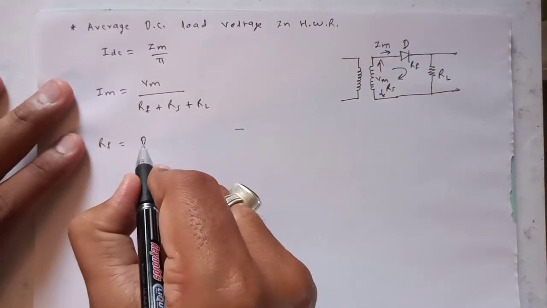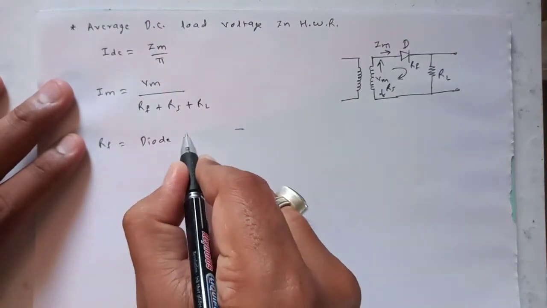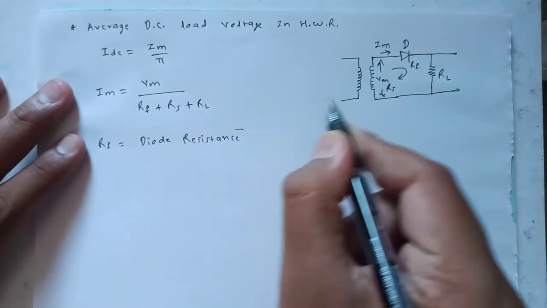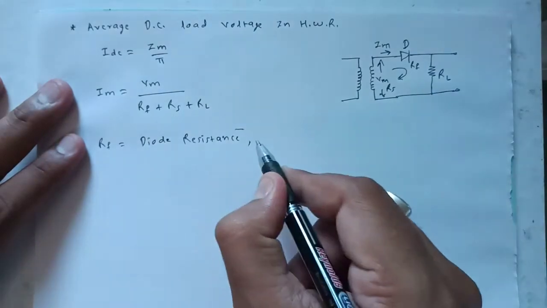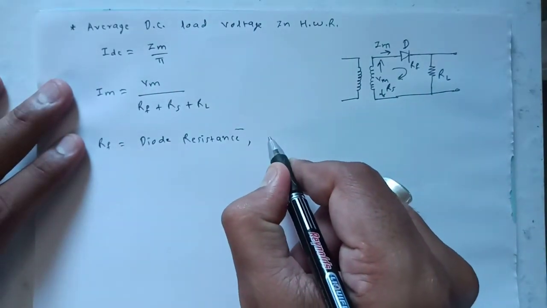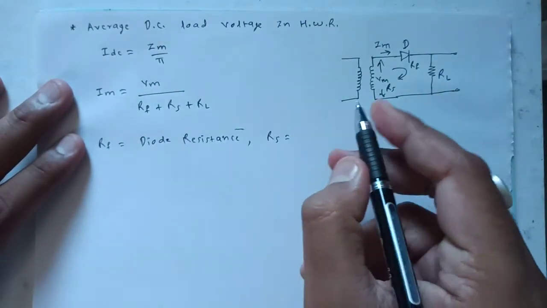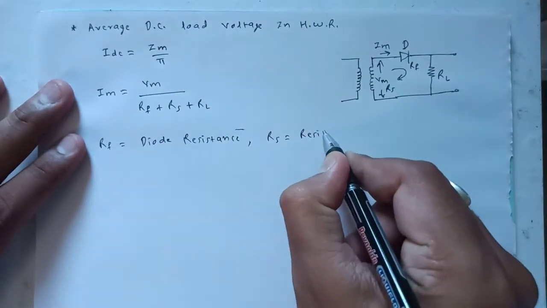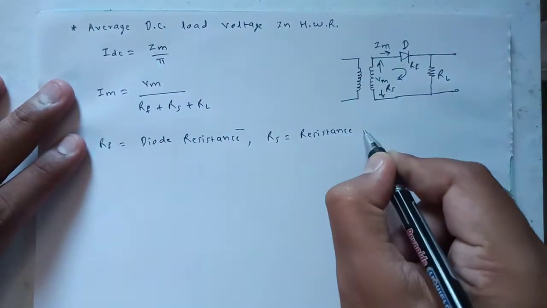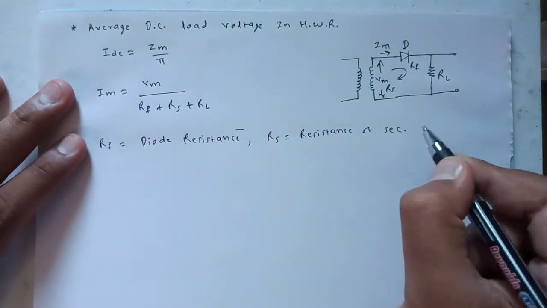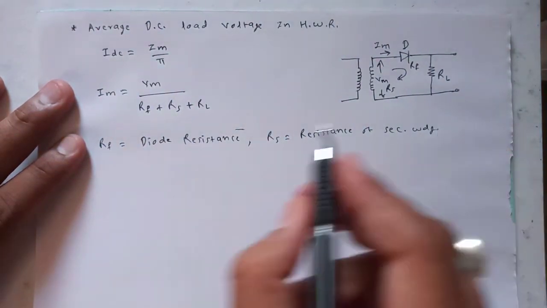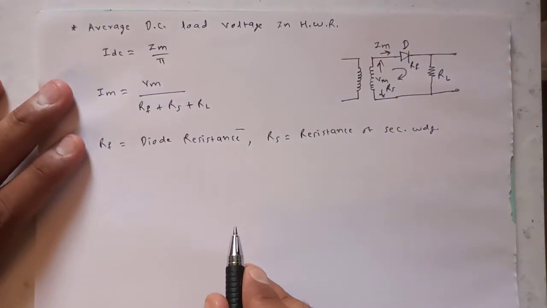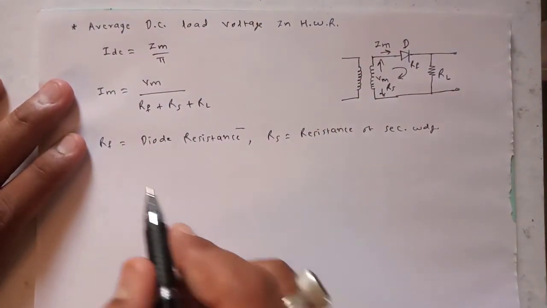Rf is the diode forward resistance. Then what is Rs? Rs is the resistance of the secondary winding. And RL is already known, that it is nothing but the load resistance.